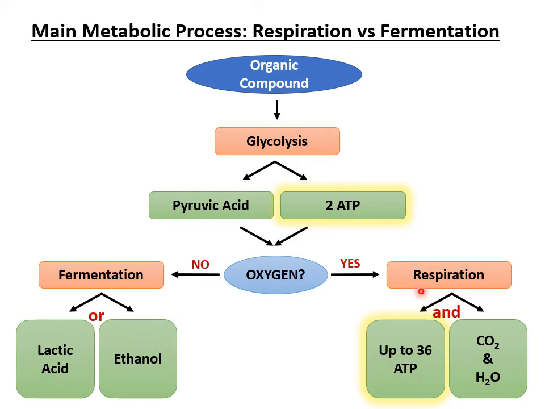So if oxygen is present, how much ATP can that cell get from one glucose molecule in total? It could get up to 38 ATP because you have one glucose. No matter what, glycolysis occurs, so it gets 2 ATP there. And then if oxygen's present, it gets a whole lot more in respiration, up to 36. So that would be 38 total.